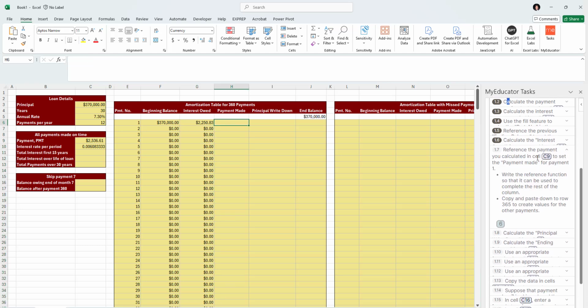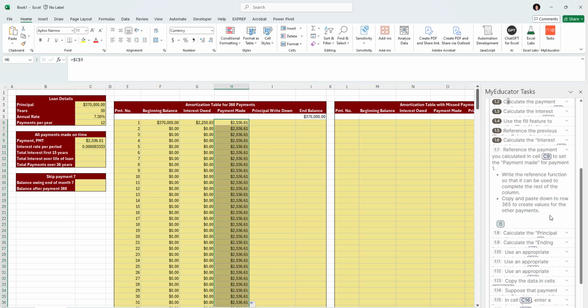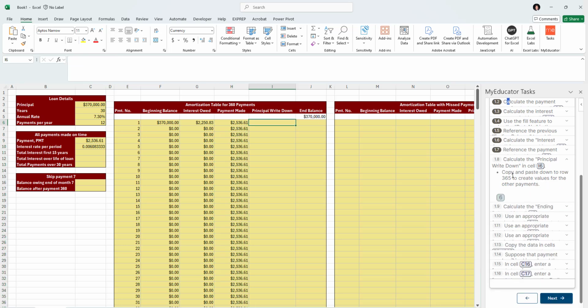Okay. Reference the payment calculated in cell C9. Take the cell and lock it. Copy it down. Calculate the principal write down. Principal is payment less interest. Copy that down.